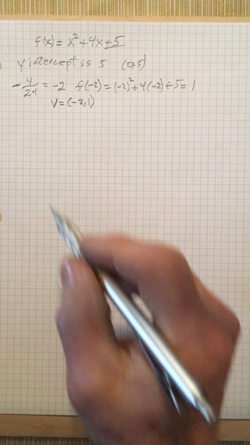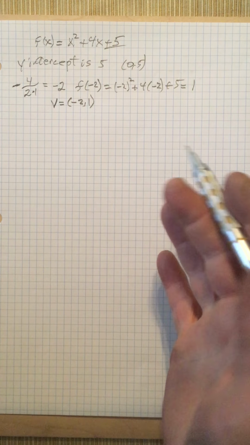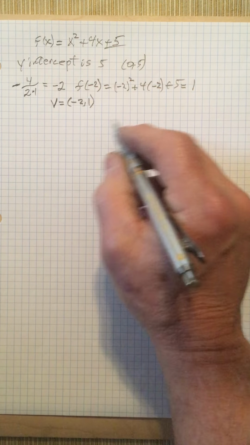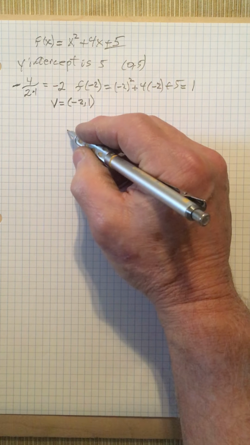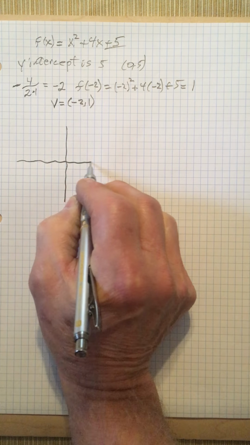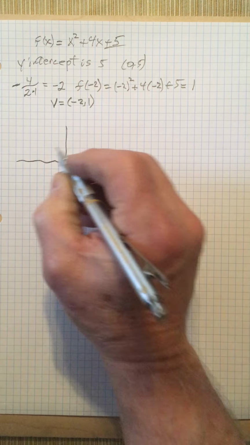So let's take a look at what we got, and we can generate a couple other plot points by using tables or other methods. So what do we have here? We'll do everything in ones here.